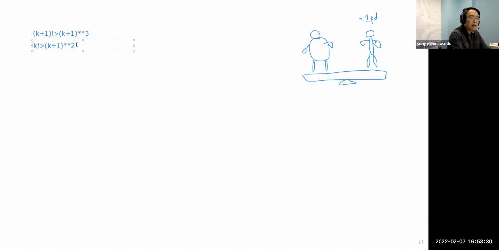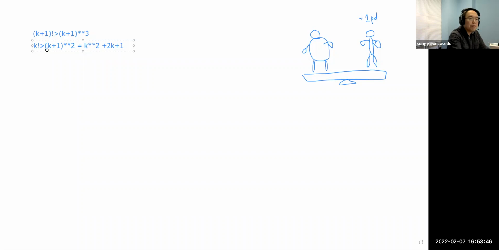So this is what we have. And if we want to expand this, (k+1)^2 equals k^2 + 2k + 1, right?